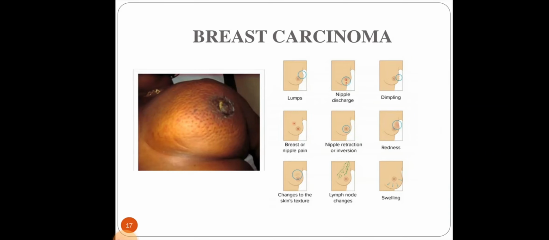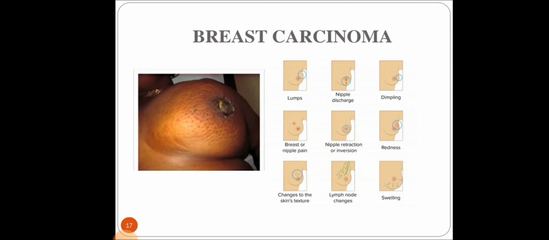So that is another etiology. Then childbearing and infertility. It is told that this breast carcinoma is more common in nulliparous women. And next etiology, mainly it is increased regarding the diet.